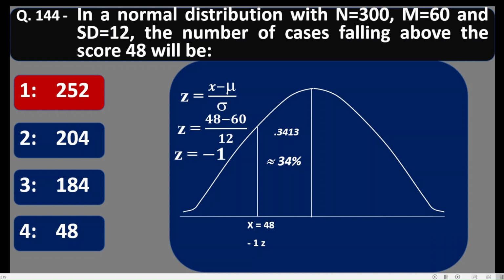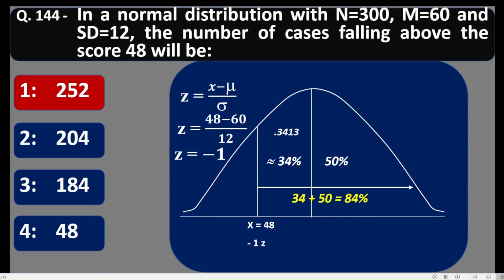And we know that the area at the right side of the perpendicular line that shows the mean is 50%. We have to find the number of subjects who are having marks more than 48. So we have to see the entire area at the right side of minus 1z. So the percentage of the observations after minus 1z will be 34% plus 50%.